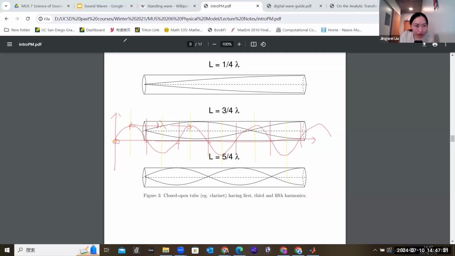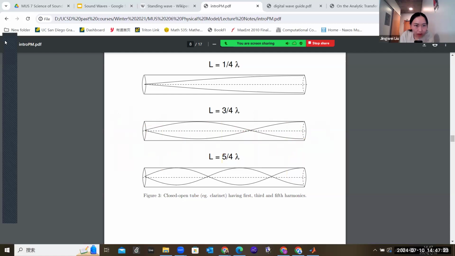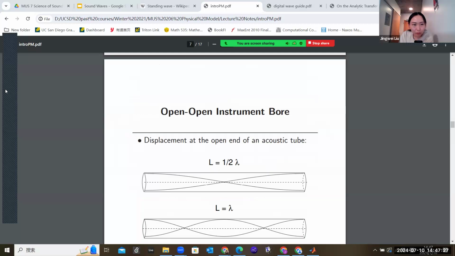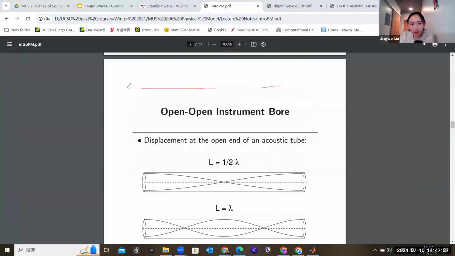So for the open instrument, because you already know this left end is open, you cannot use a sine wave, right? Because for a sine wave, at this initial position, the value will be 0. Therefore, you instead use a cosine wave. So you know a cosine wave is always of this form, right?